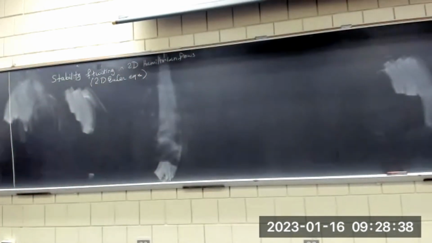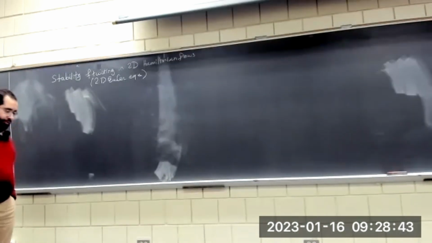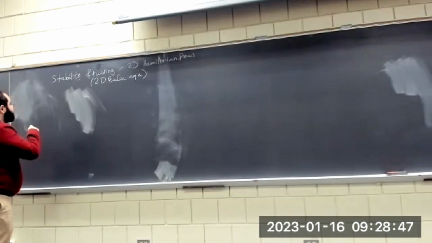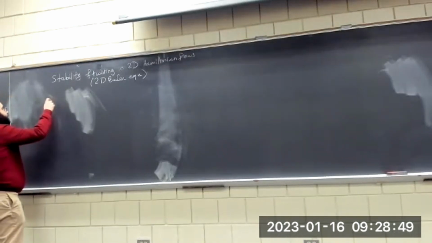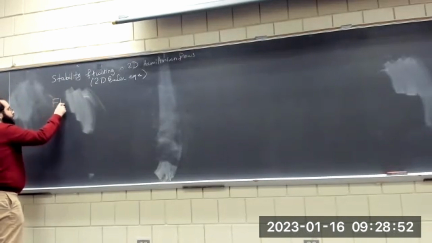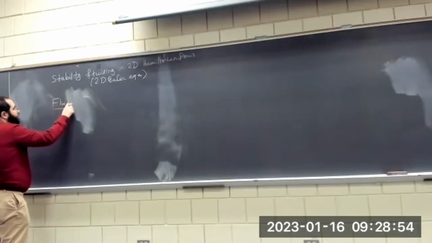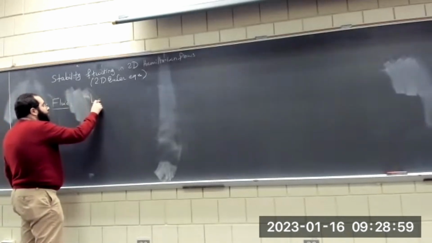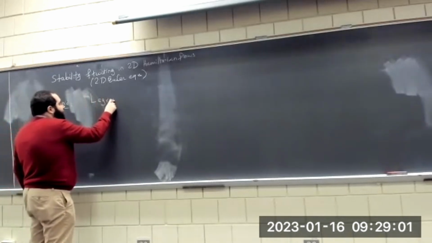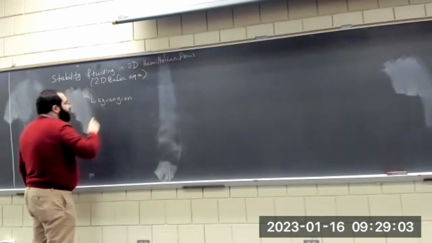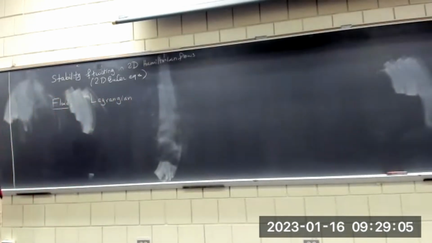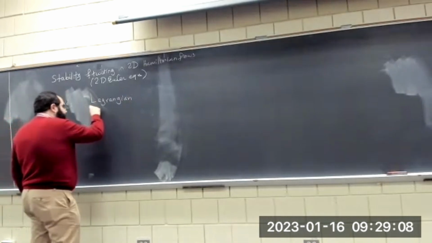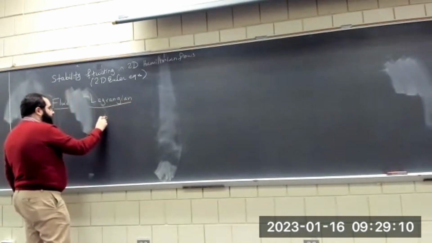And let me start with a reminder of the two pictures we use to view fluids. When you have a fluid, there are basically two frameworks through which we view it. There's the Lagrangian framework, which is more natural, I guess, and that's where we look at the particle paths.